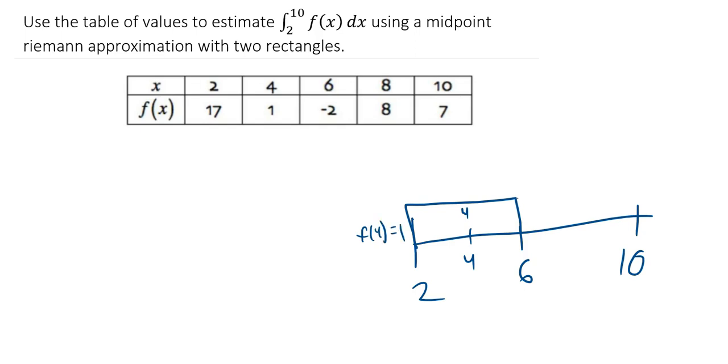Then I have a rectangle from 6 to 10, and its height is determined by the midpoint of that interval. Its height is going to be determined by 8. This rectangle is 4 wide and f of 8 tall.